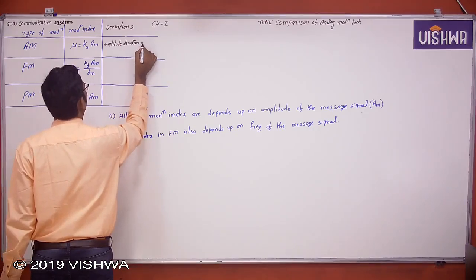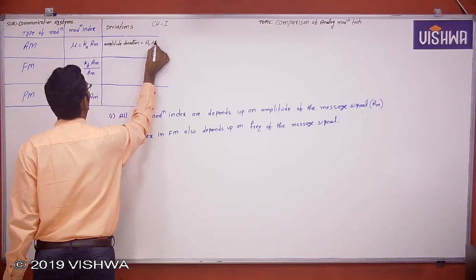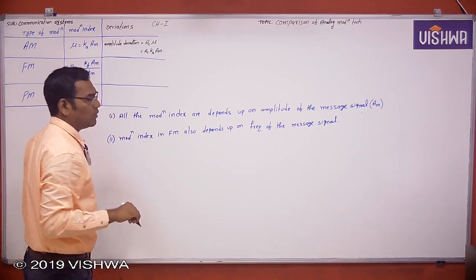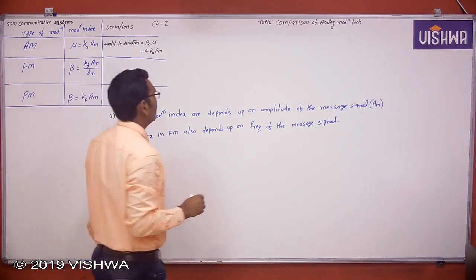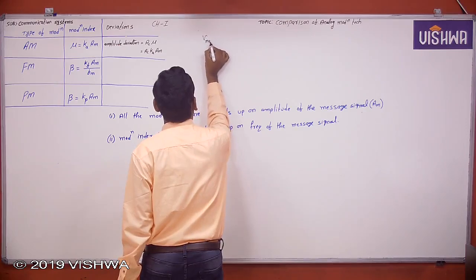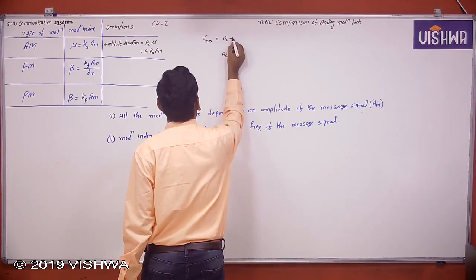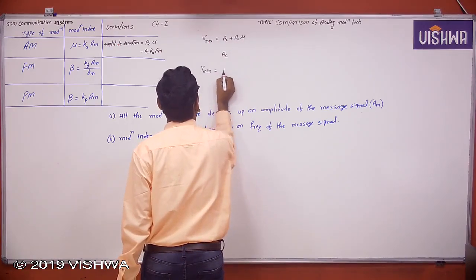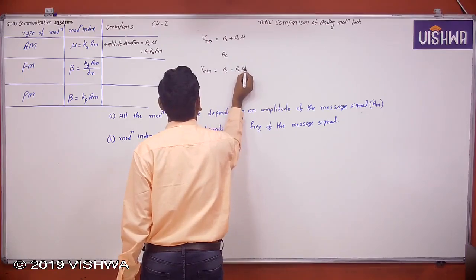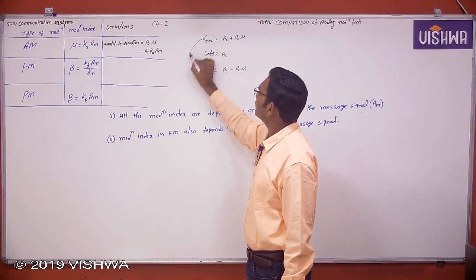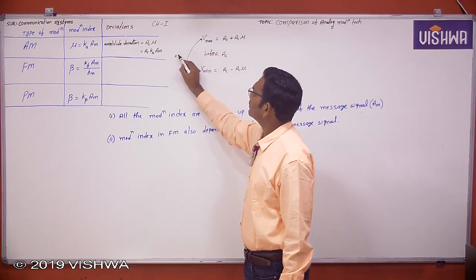The amplitude deviation is Ac into mu, which is equal to Ac into Ka into Am. Amplitude of the carrier before modulation is Ac. What is the maximum amplitude of the carrier after AM modulation? Ac plus Ac into mu. What is the minimum amplitude after AM modulation? Ac minus Ac into mu. The first is before modulation; these two are after modulation.